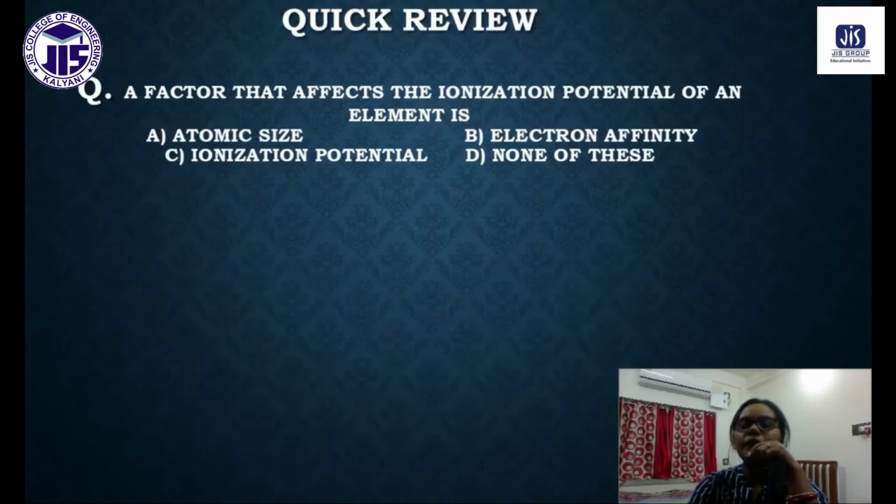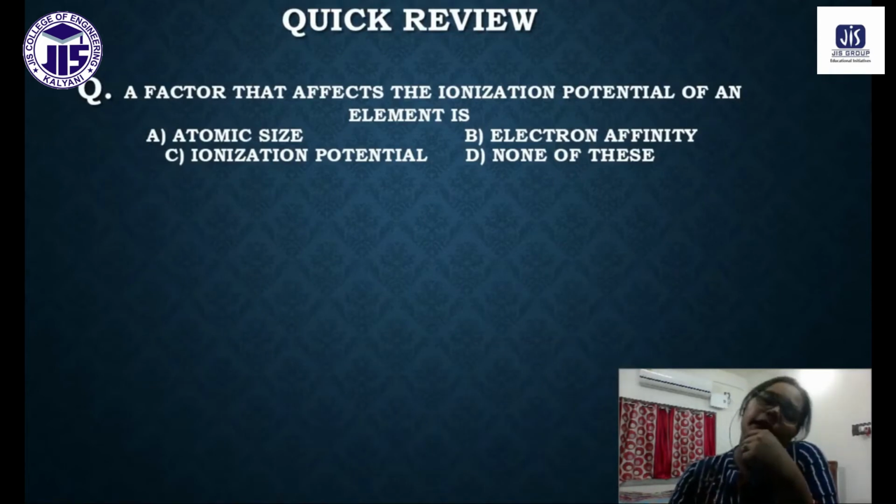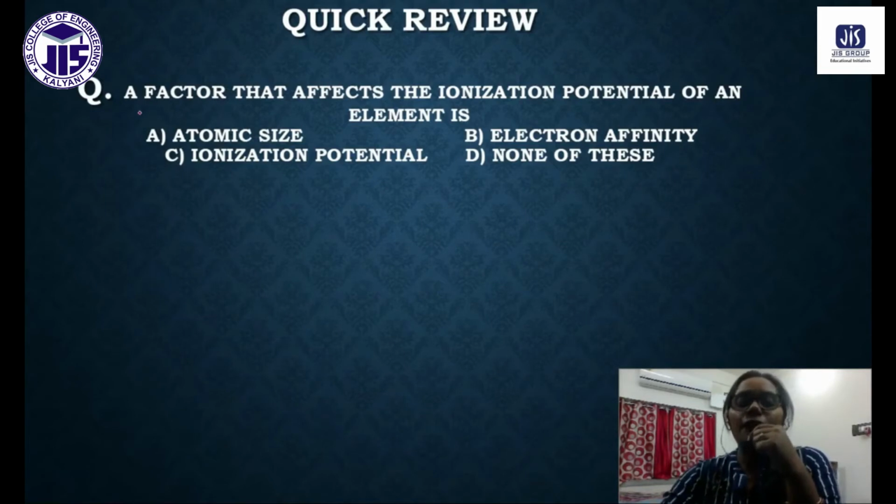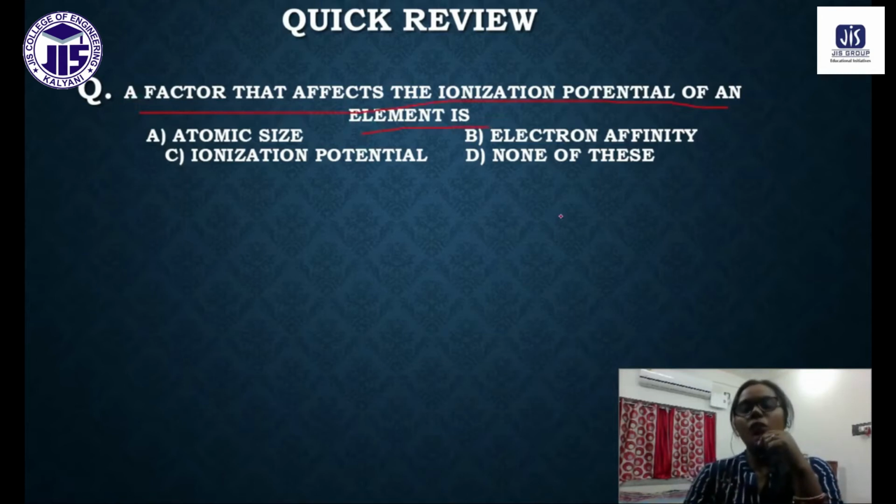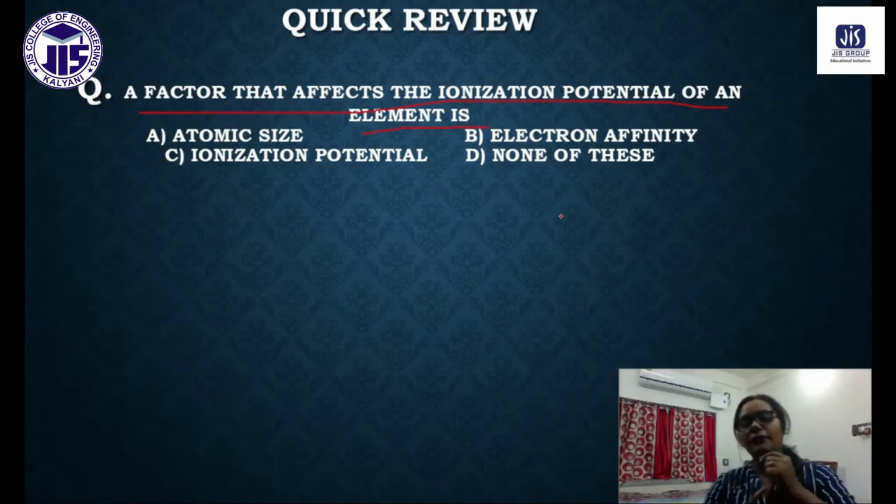Now, this is a quick review of whatever you can remember. I have given one question: a factor that affects the ionization potential of an element. You have to answer this question. You have been given 4 options, and among these 4 you have to choose one.